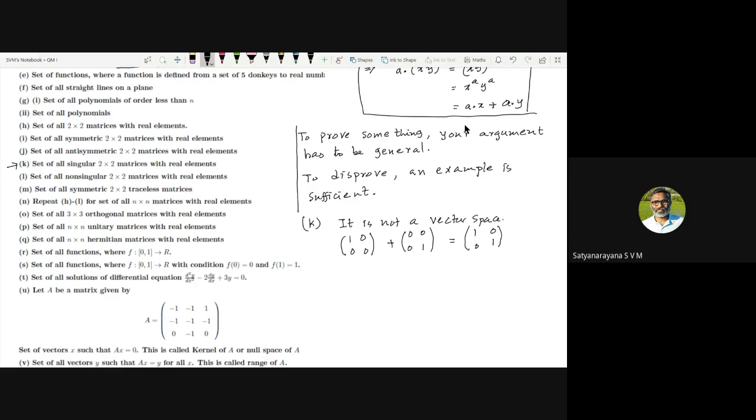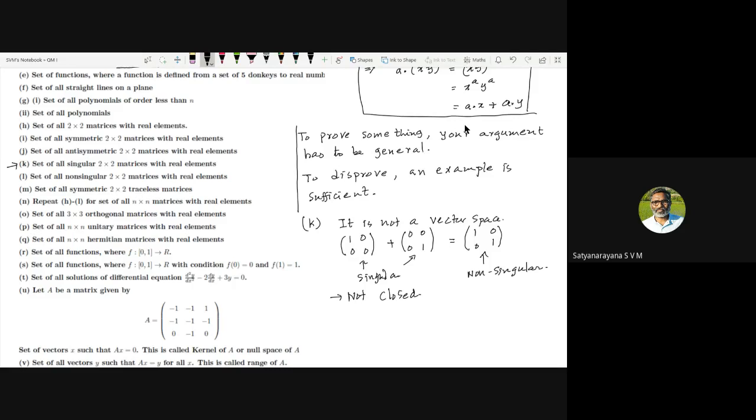Now this is singular, this is singular, and this is also singular, but this sum is non-singular. So that's all. With one example I have shown that I take two singular matrices, add, and I get a non-singular matrix. That means this is not closed, so it cannot be a vector space. It's not closed under vector addition.